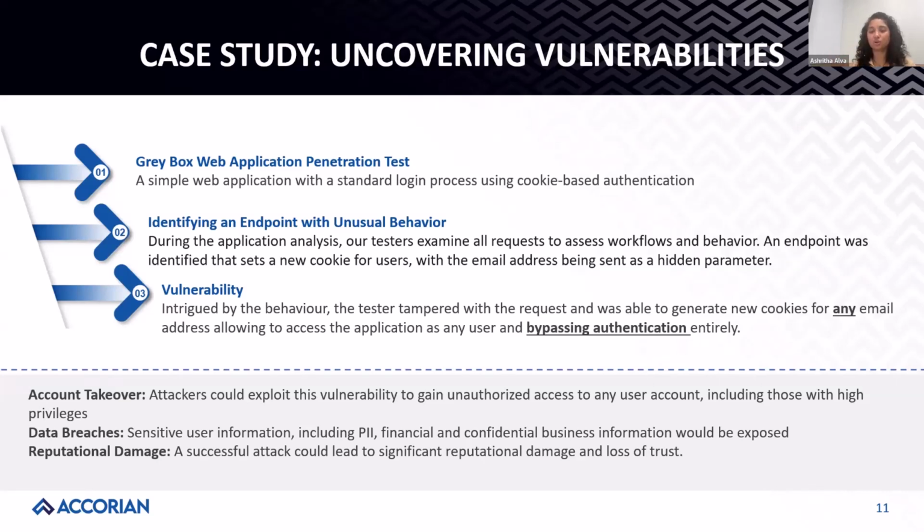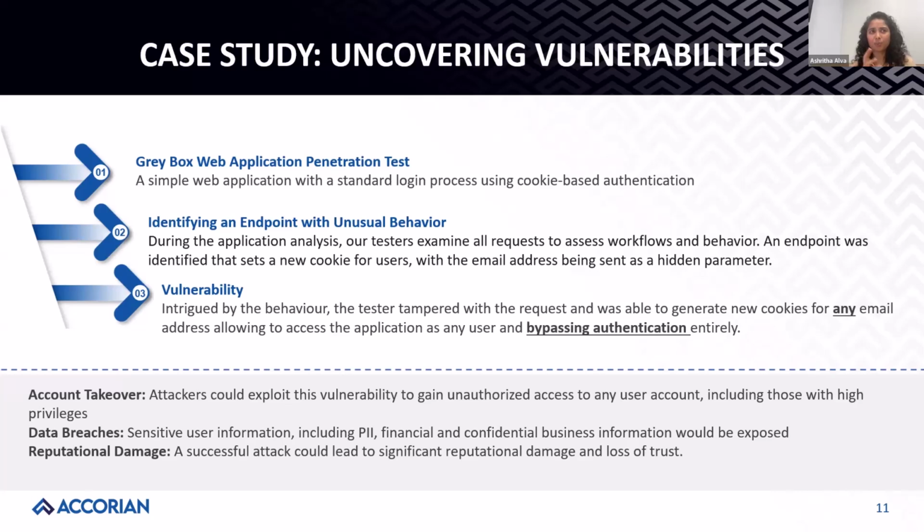So he changed that to a different email address, which he knew existed, and removed the cookie value. In the response, a new cookie was generated. In the backend, this new cookie was linked to the new email address that the tester had sent.